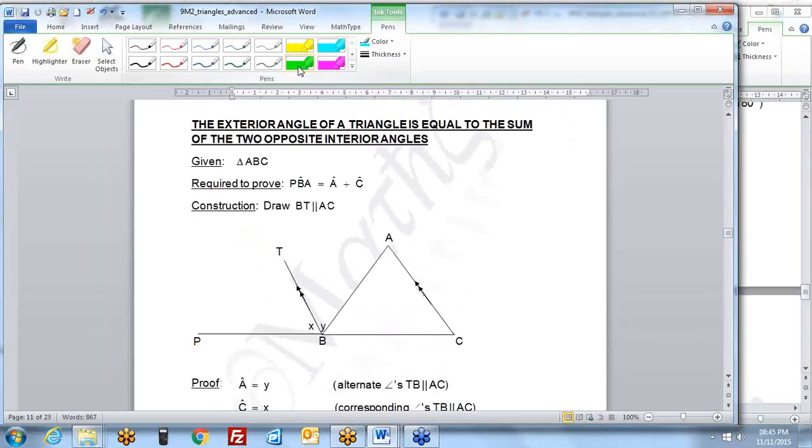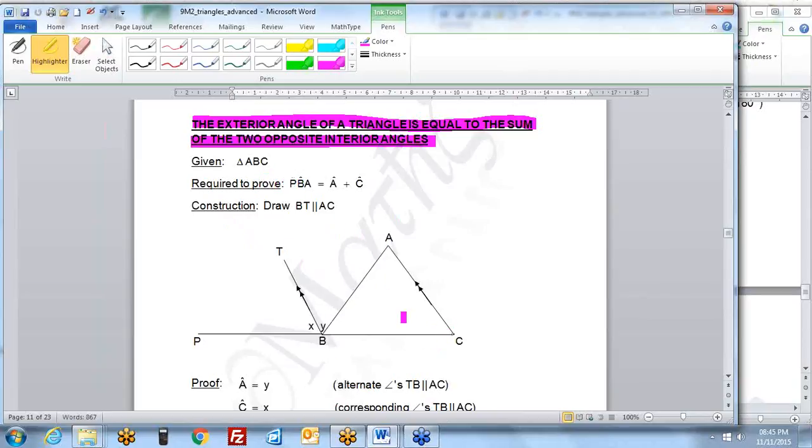Right, now we're quickly going to do a little bit of revision on exterior angles of a triangle. The exterior angle of a triangle is equal to the sum of the two opposite interior angles. So we give you a triangle ABC.